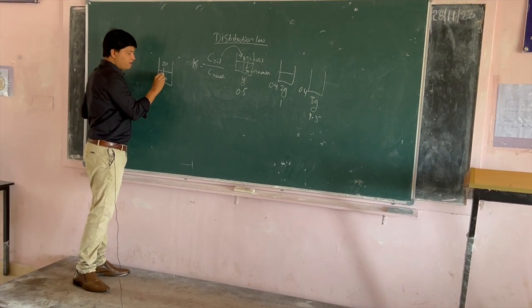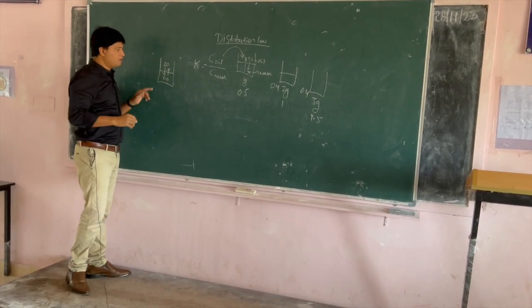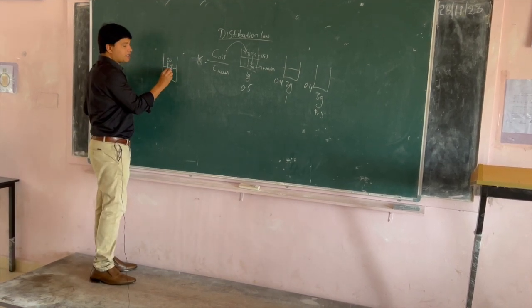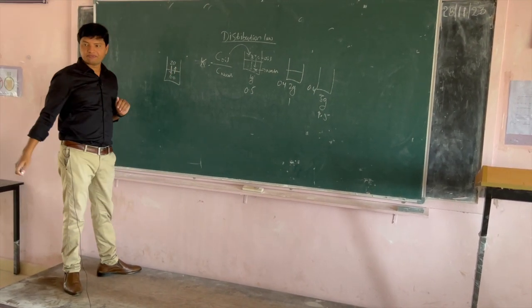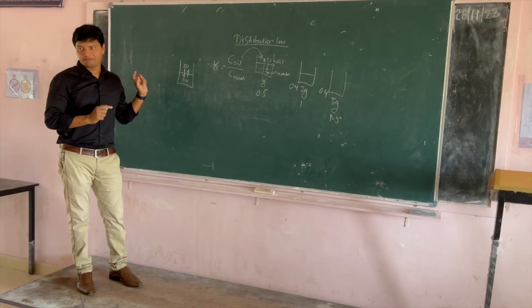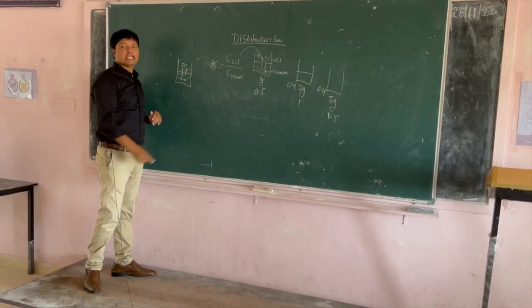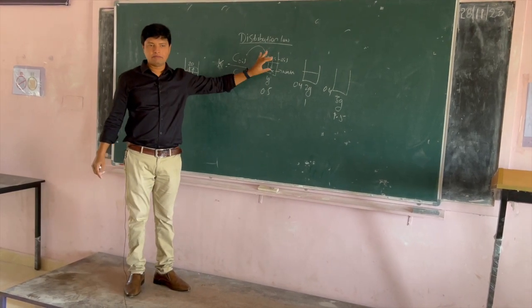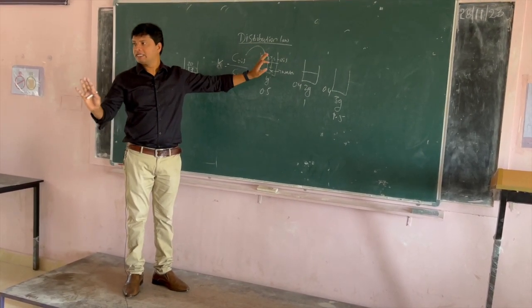What is the equilibrium movement here? 20 will go here, 20 will come here, or 10 will go and 10 will come. They keep on moving. This is called equilibrium. So scientists added the solute in two immiscible solvents and waited until it attained equilibrium.